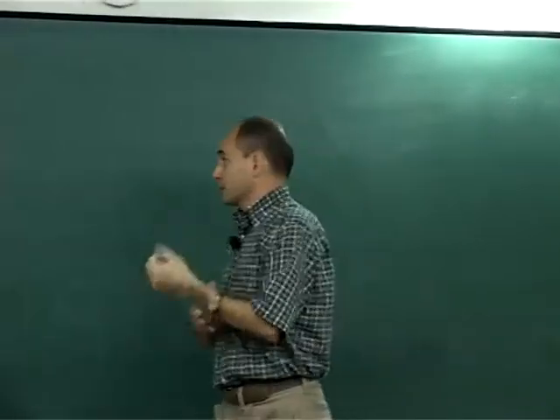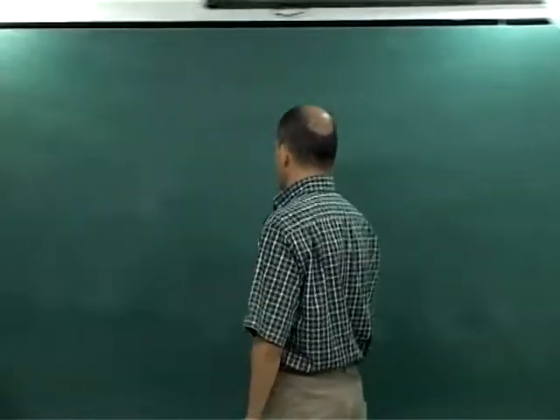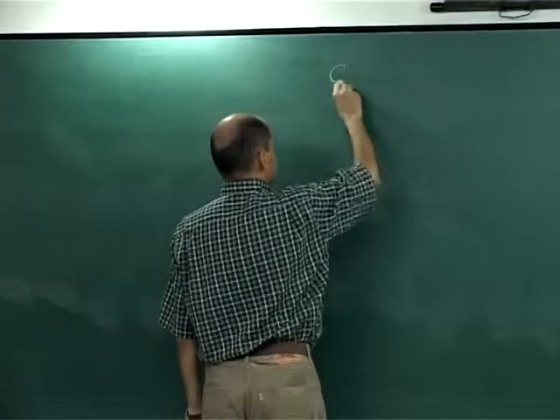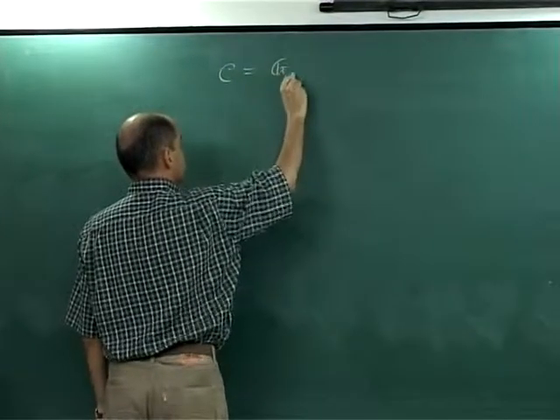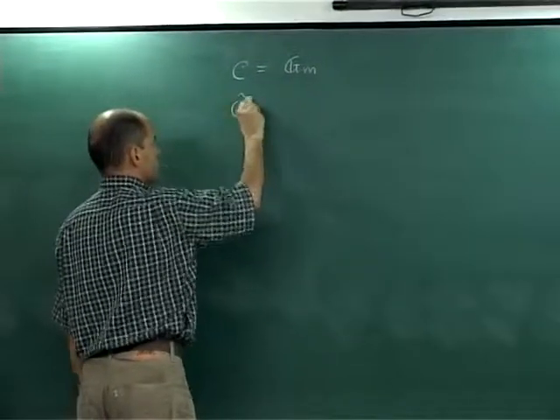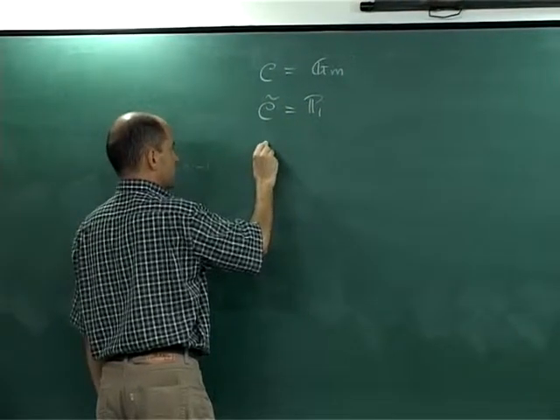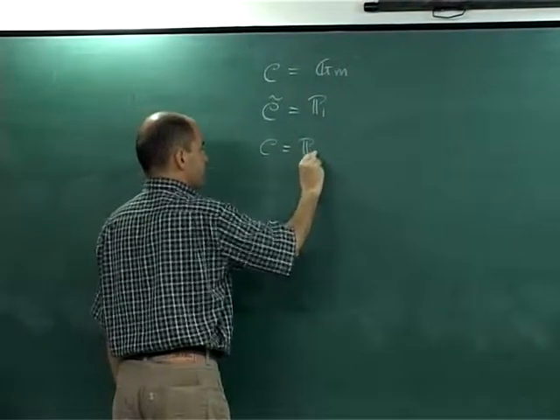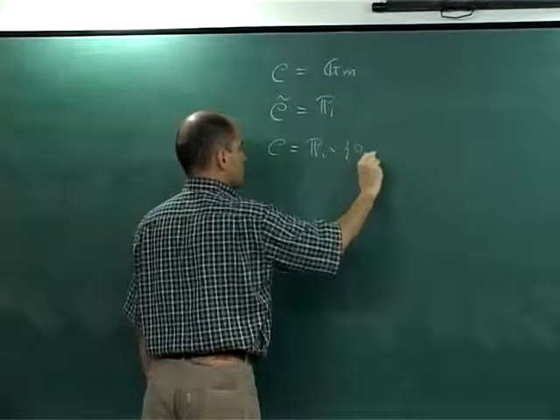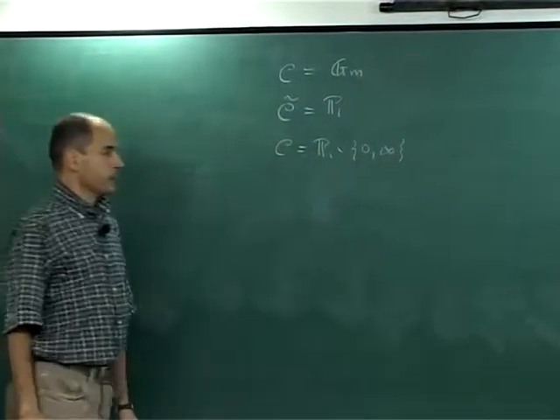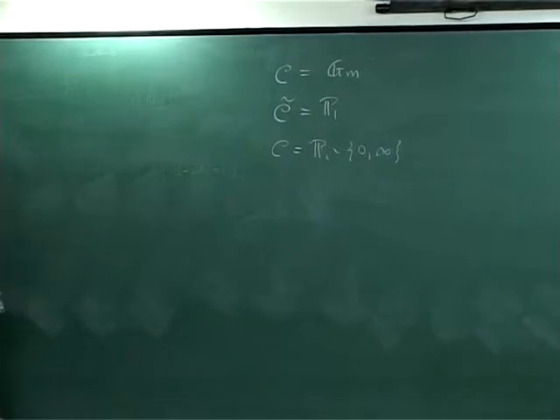So start with the case where C is Gm. So C tilde is P1, and C can be viewed as P1 minus 0 and infinity.